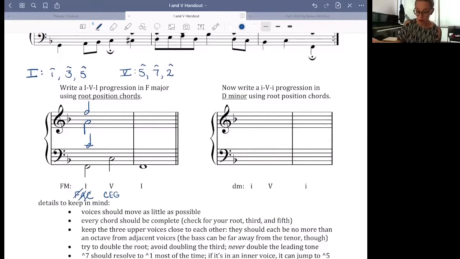Now I'm going to draw your attention to something that is going to happen every single time you have a 1 to a 5, or vice versa, 5 to a 1. They share a scale degree, and they share scale degree 5. Because of that, and because of where we are in our trajectory of learning this, aka we are in the first half hour of 3 more semesters of this, we are going to keep that common tone.